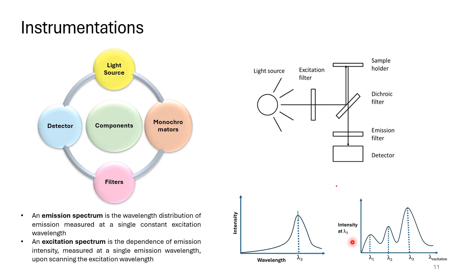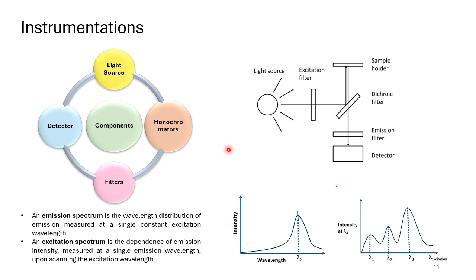But here we monitor this intensity at lambda 3, change the excitation light wavelength, and observe. After that we get this kind of plot, and this is known as the excitation plot or excitation spectrum.